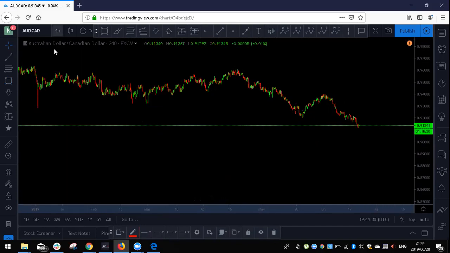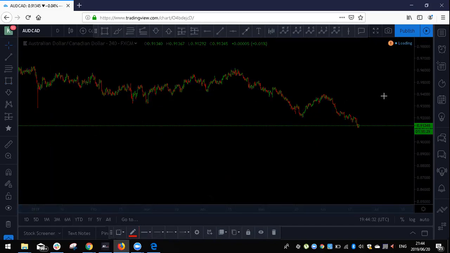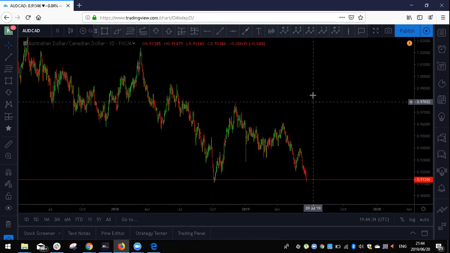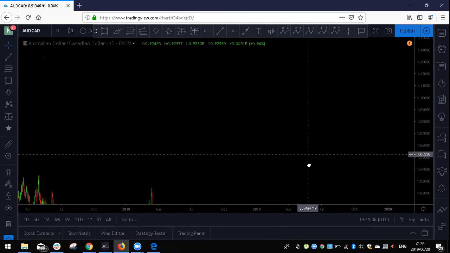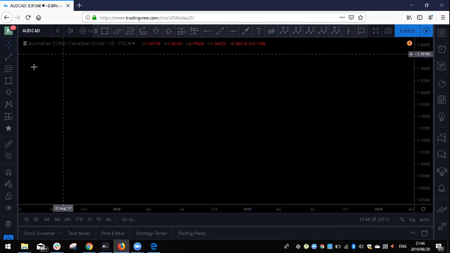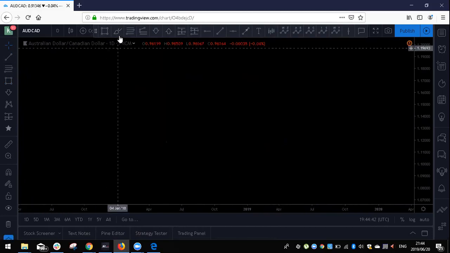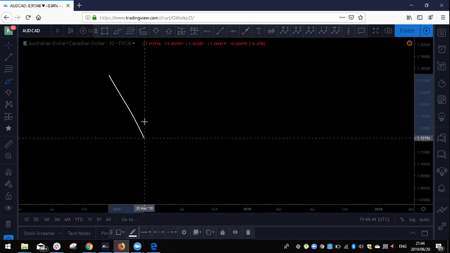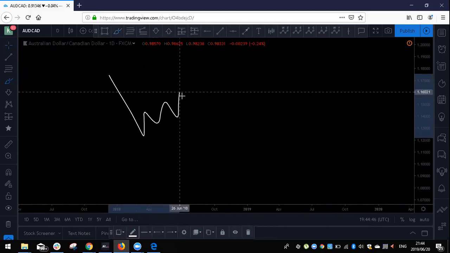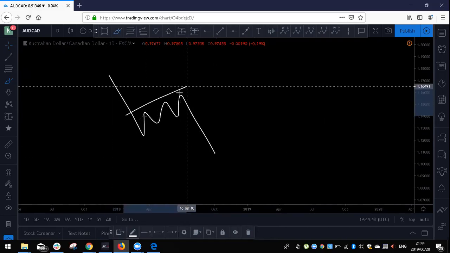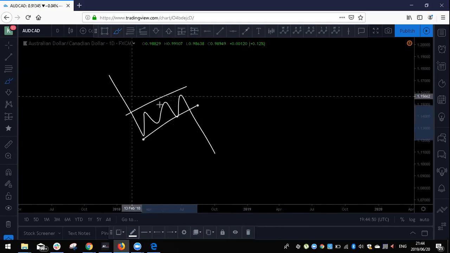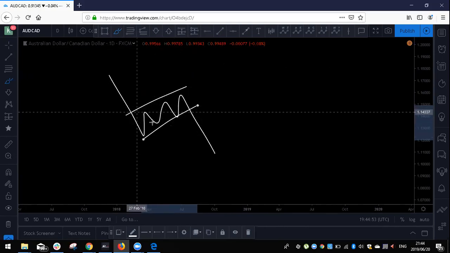Let me go back to the daily. All right. So I think I need a blank space to explain something. My favorite pattern is flags. Price moves in flags.